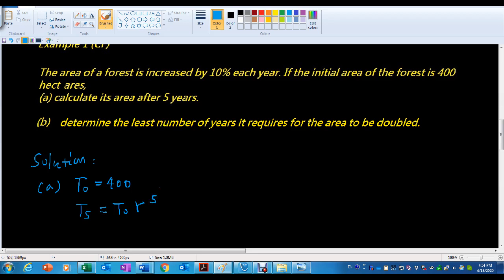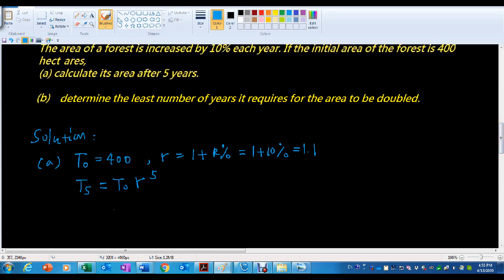But what's our growth factor? Is R 10%? No, R is 1 plus the growth percentage. The growth percentage is 10% in this case, so it's 1.1. Now we got the formula: you have 400 times 1.1 to the power 5.